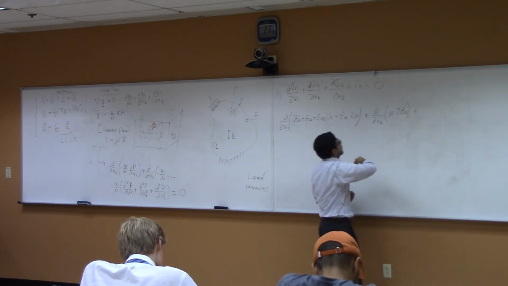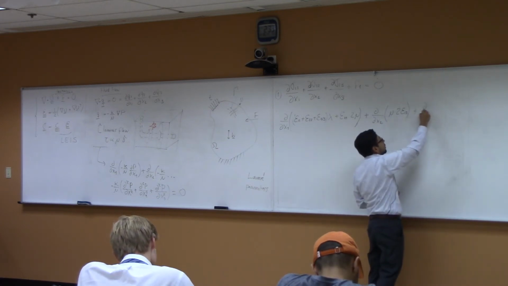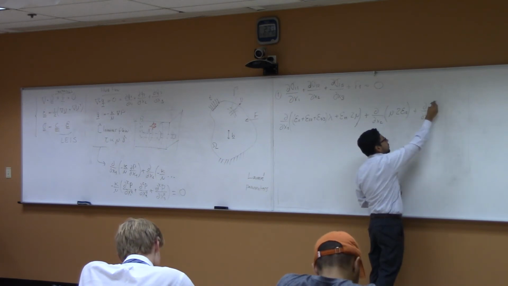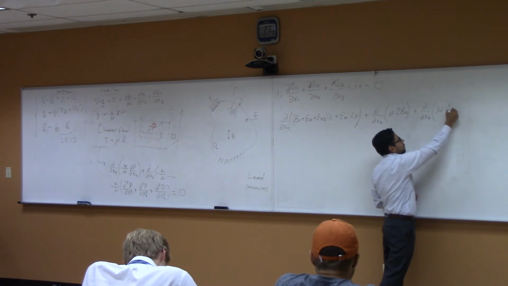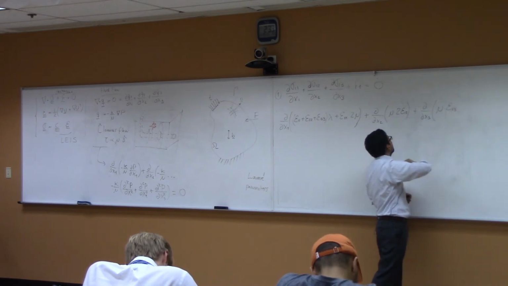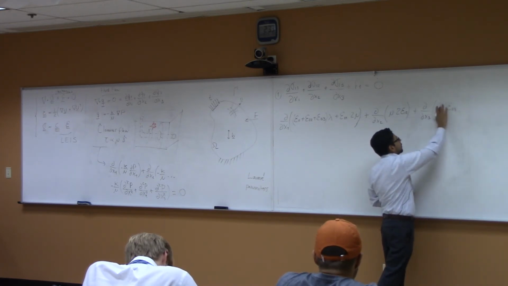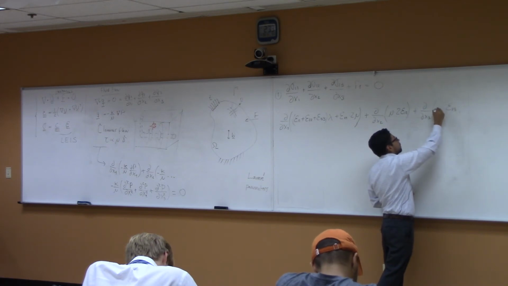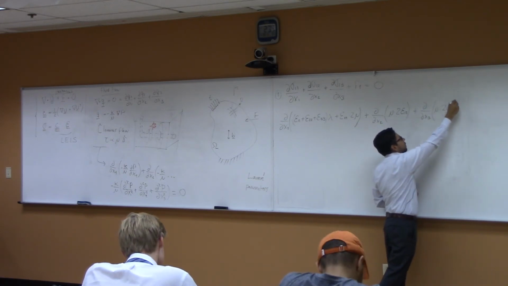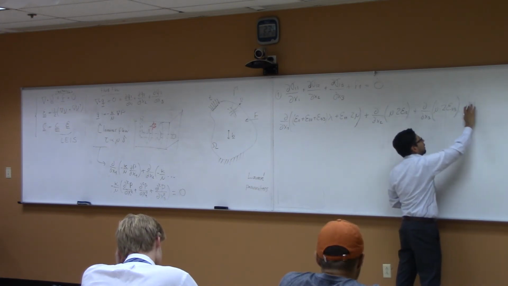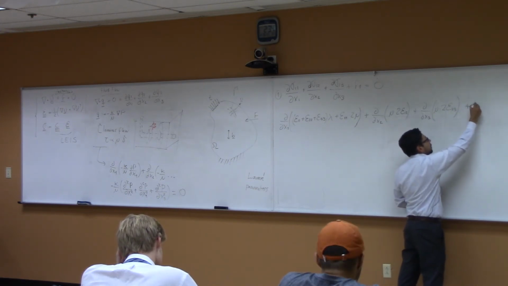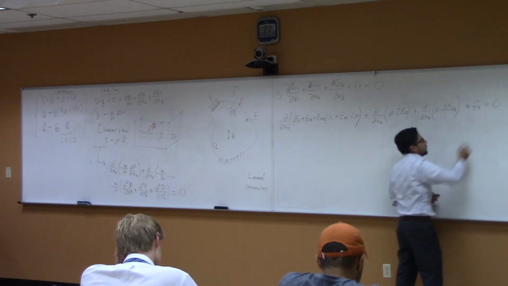And 1,3 is going to be mu times 2 times epsilon 1,3, plus F1 equal to 0.